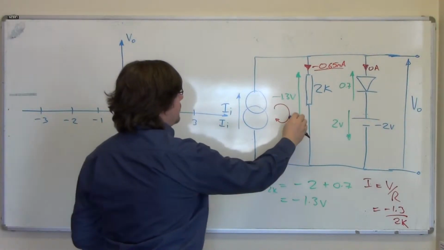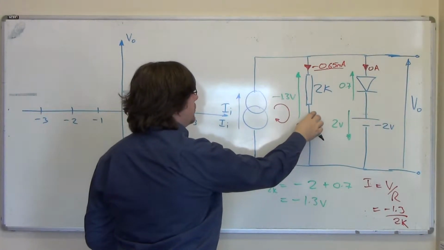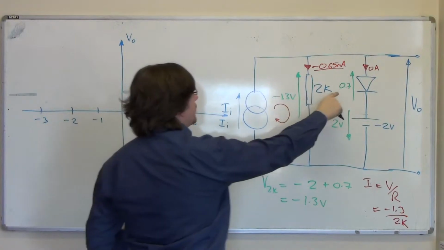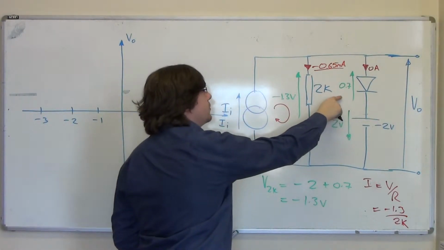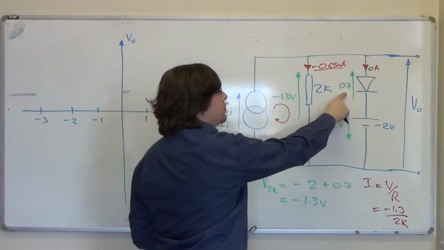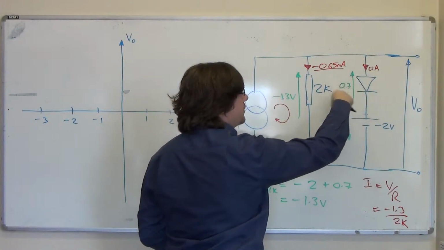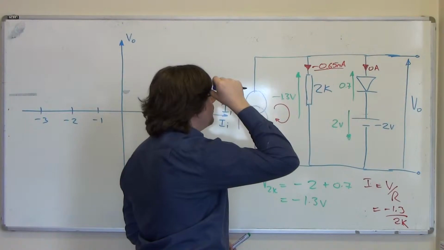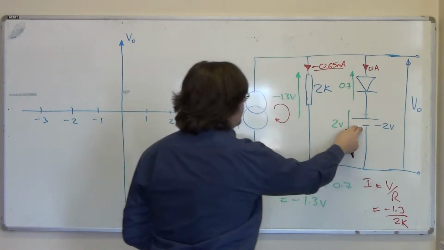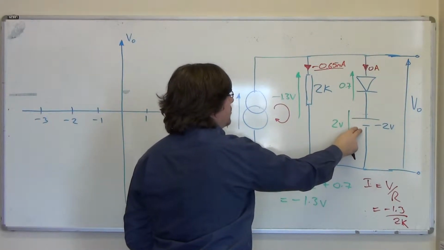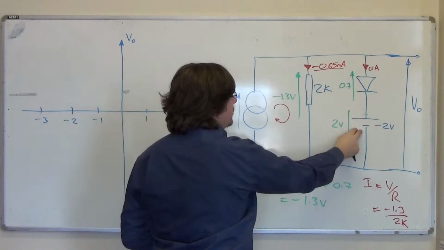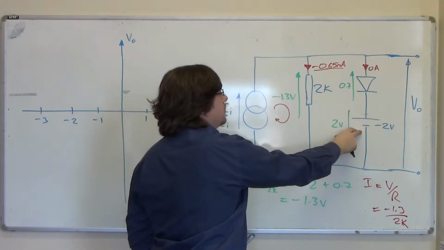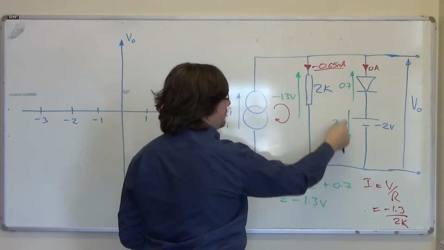So when the voltage across the 2K resistor reaches minus 1.3 volts, the diode will begin to conduct, and when that happens, it'll have 0.7 volts across it, and however much current it conducts thereafter, it will still have 0.7 volts across it. And for the minus 2 volts voltage source, however much current flows in or out of it, it will still have 2 volts across it in that direction.